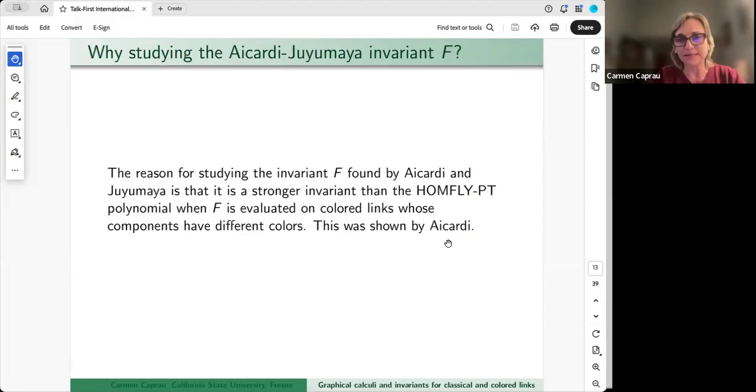So Aicardi has a paper where she provided examples of pairs of links. And in those examples, the HOMFLYPT polynomial does not distinguish those pairs of links. But if you consider those particular links with a certain type of coloration, then their invariant does distinguish those links. So that is very good news.